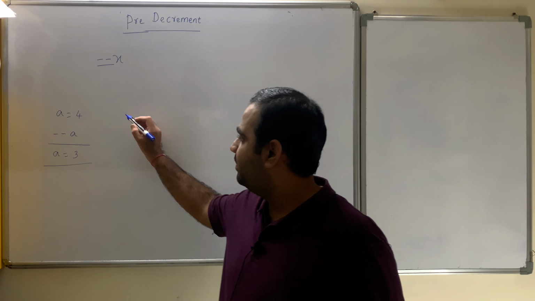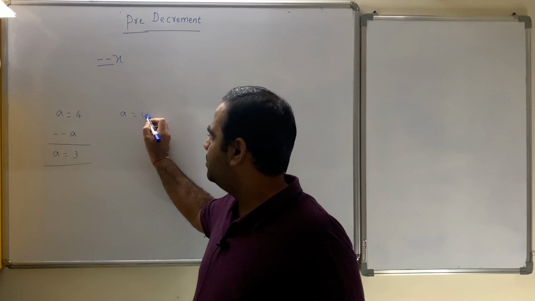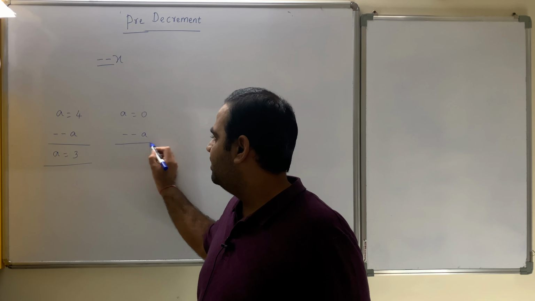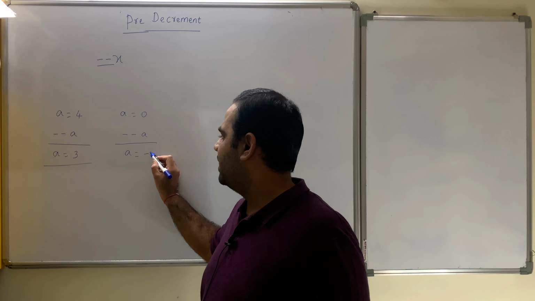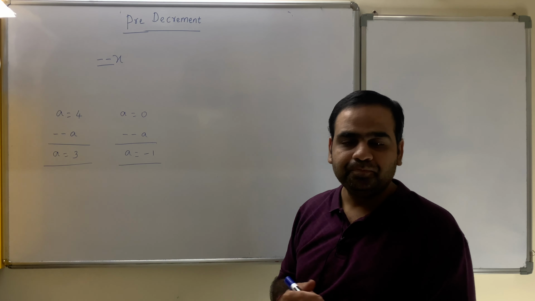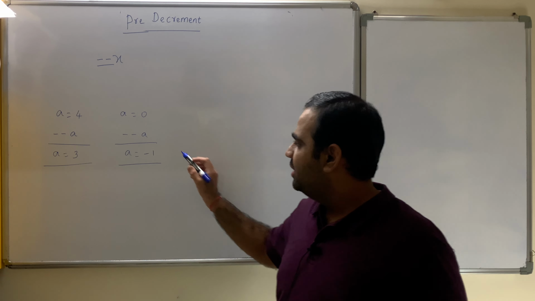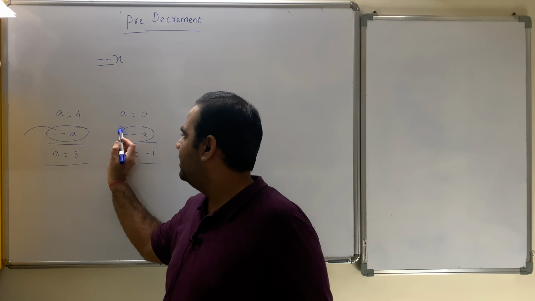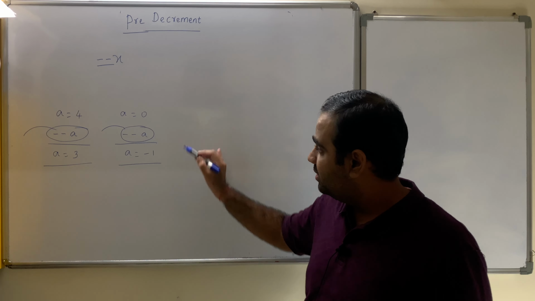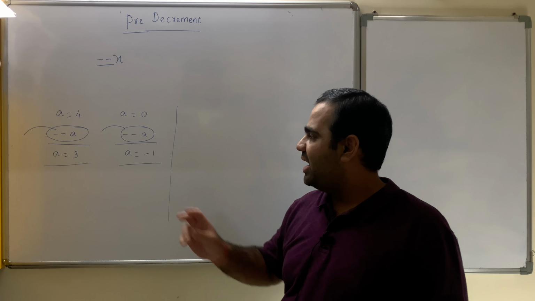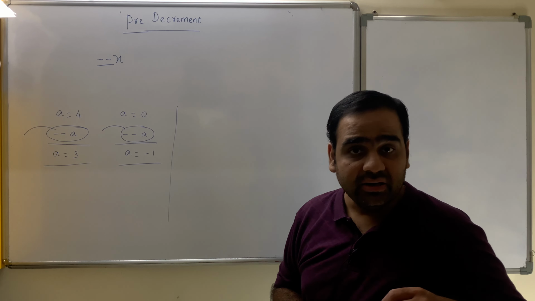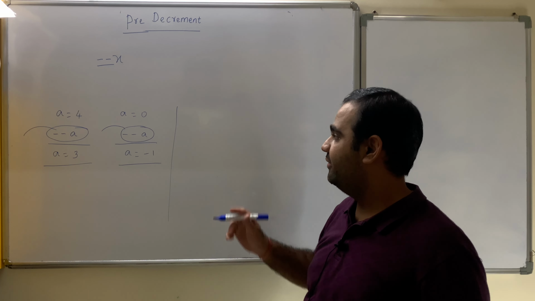Let's take another example. If we say a is equal to 0 and we write minus minus a, the value of a would become minus 1, needless to say. Now here again, we did not assign minus minus a to some variable on the LHS. Let's try to assign the value of minus minus a to some variable on LHS and let's see how it behaves.